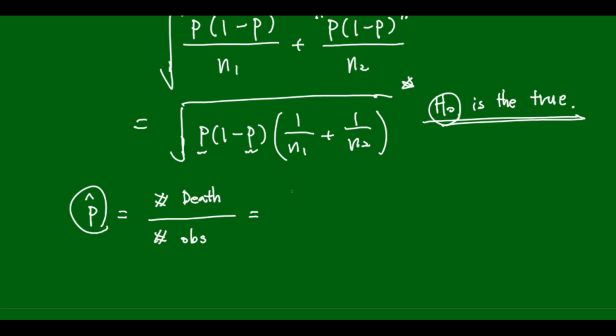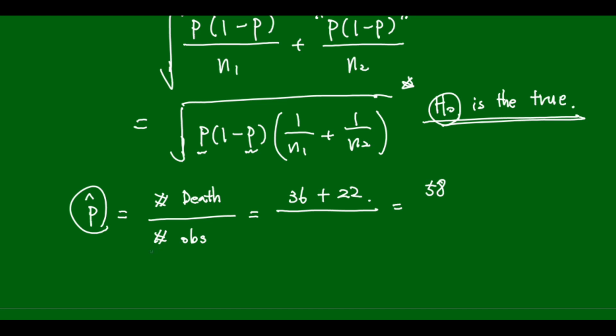When we think about the number of deaths, we have 36, the number of deaths in the USA, plus 22, the number of deaths in Italy. So this is 58.